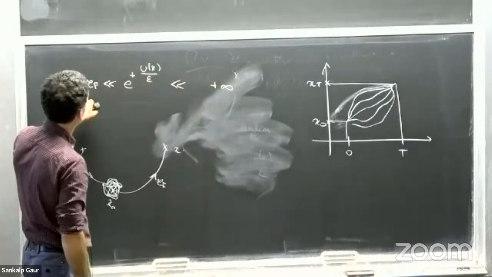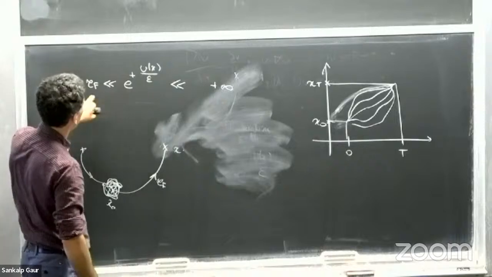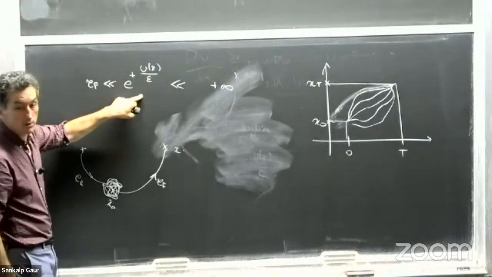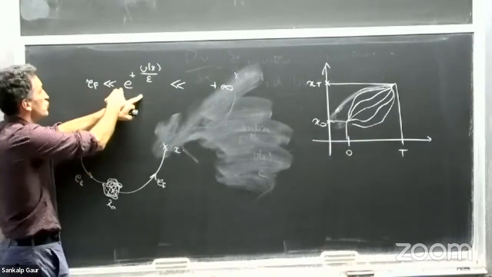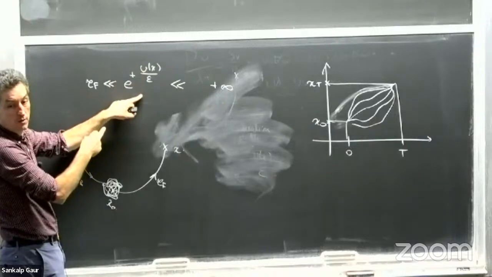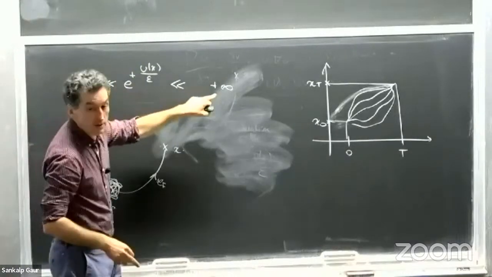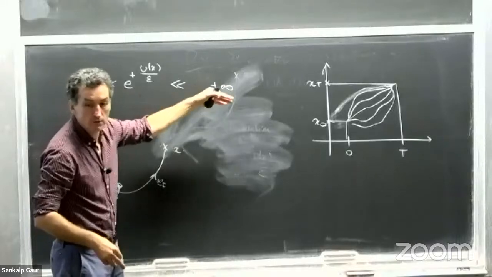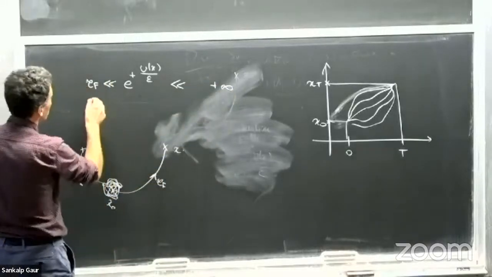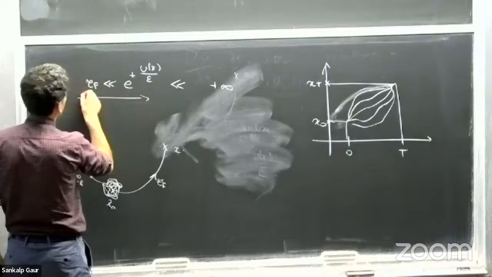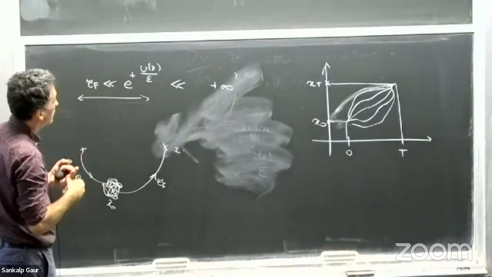So here on this time scale, you see just one excursion. It would be extremely rare to see two excursions. You will have exponential of twice this factor. Okay. And so then you will see as much as you want, but you will have to wait a very long time.